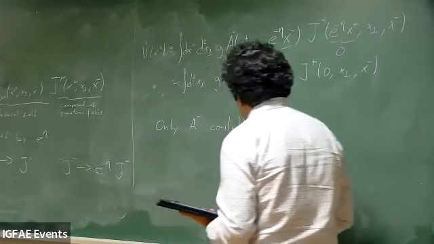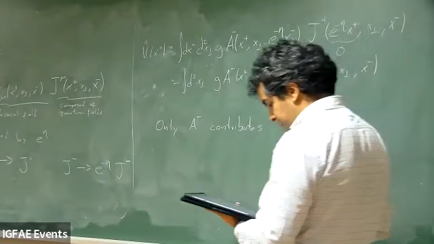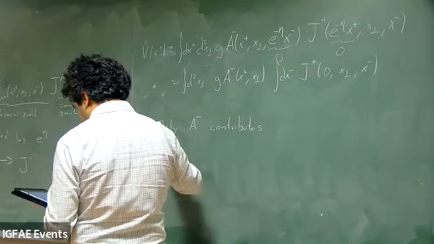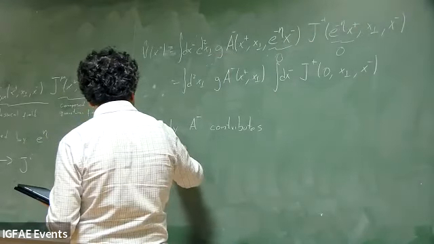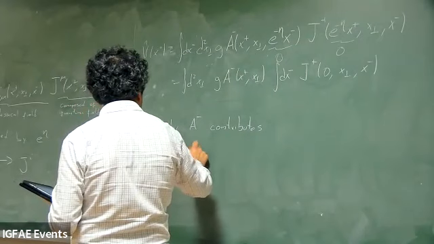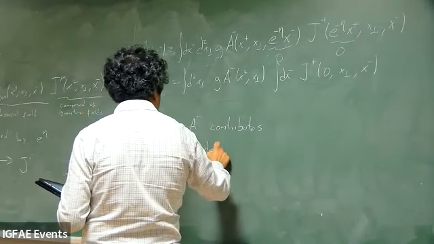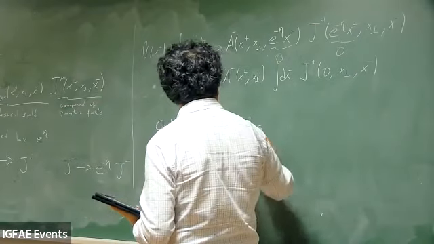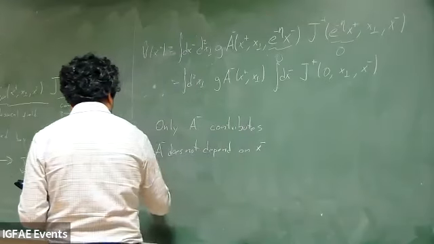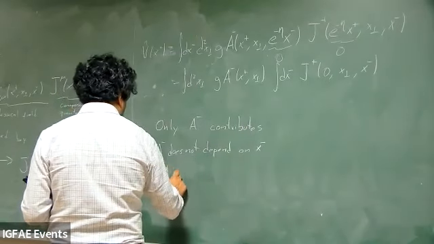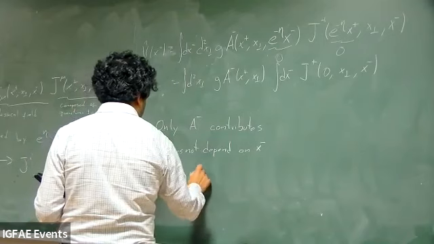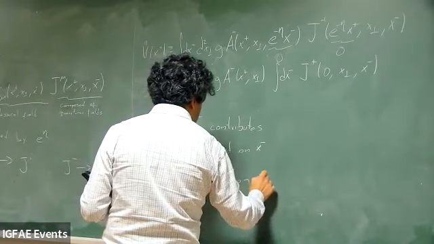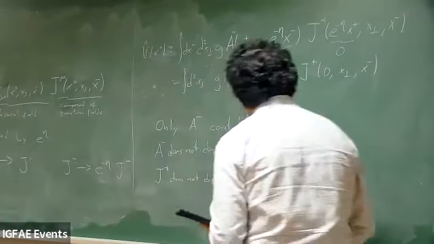There's no A perp, there's no A plus, right? Then I'm saying A minus does not depend on x minus, and J plus does not depend on x plus.